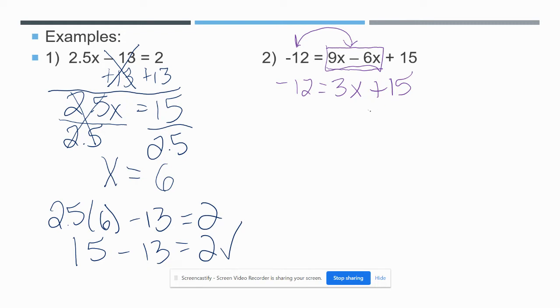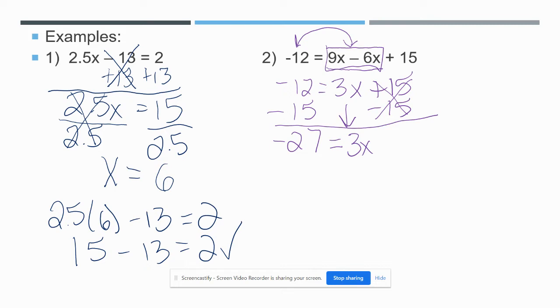The opposite of adding 15 is subtracting 15. So we're going to subtract 15 from both sides. You owe 12, you owe 15 more, so you owe a total of 27. We bring down this 3x, and then 15 minus 15 is 0, and we don't have to write the 0 there.